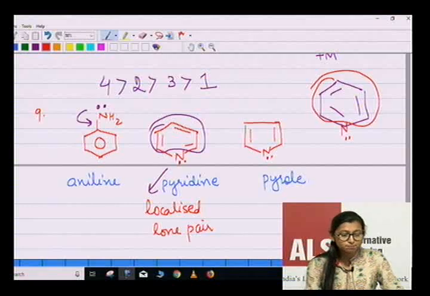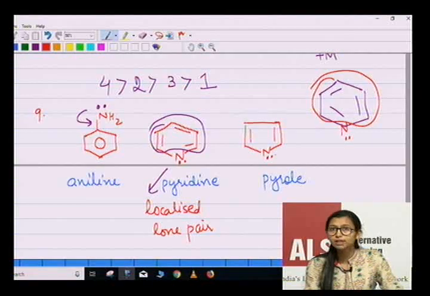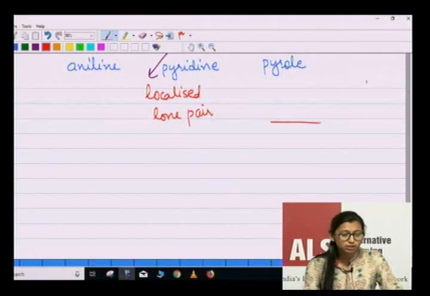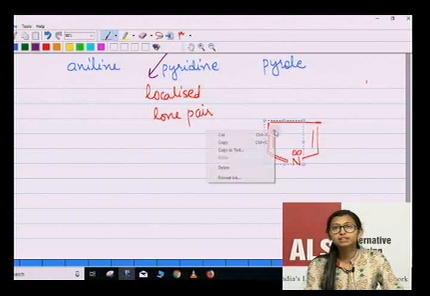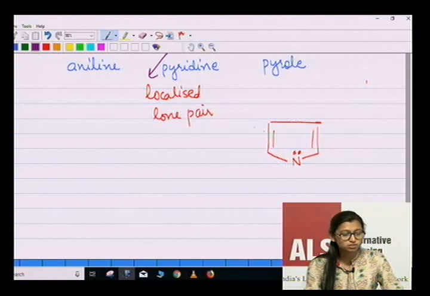Same is the case in pyrrole. Pyrrole is also an aromatic. You remember that for Huckel rule we have done. Everyone look at the screen. The Huckel rule we have done. So there will be the complete resonance when these 6 electrons density will be there. Look at the screen: 1, 2, 3, 4, 5, 6.